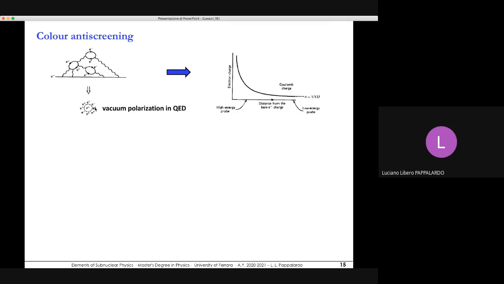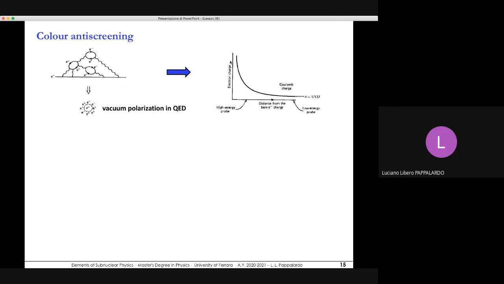And then due to the electrostatic interaction, mainly the positrons tend to stay close to the electron, and the electrons tend to be a bit farther away, and as a result, one observes a screening of the bare charge of the electron. We discussed this in the framework of the renormalization of QED, if you remember.